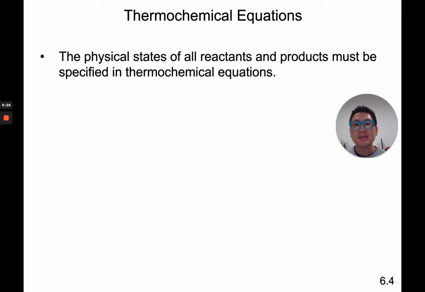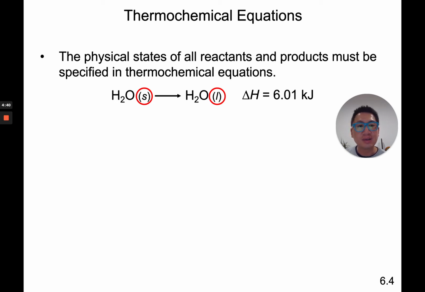Okay, so one other thing about thermochemical equations. The physical states of all reactants and products must be specified in the thermochemical equation. What that means is here, solids and liquids, they must be in the equation. It's important that the state of matter must be in there. Why?